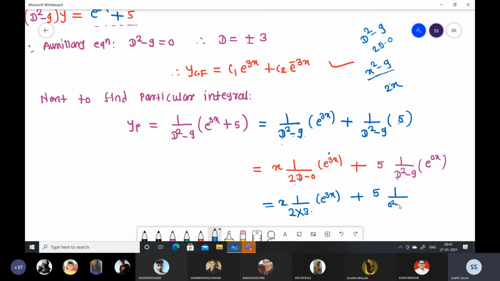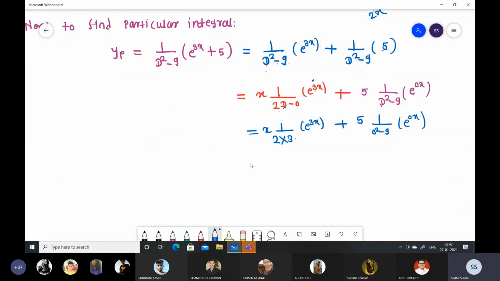So that will be 0 square minus 9, e to the power 0x. And now solve this. So therefore it is x upon 6 e to the power 3x, and here we have divided by minus 9. So that will be minus 5 by 9, and e to the power 0x is simply 1. No need to write this.